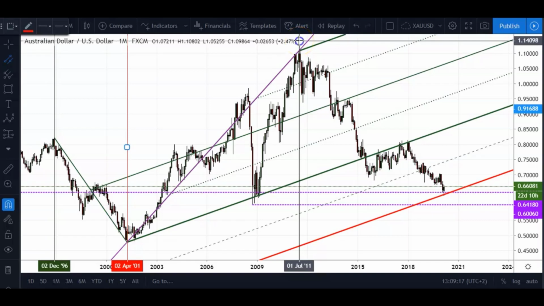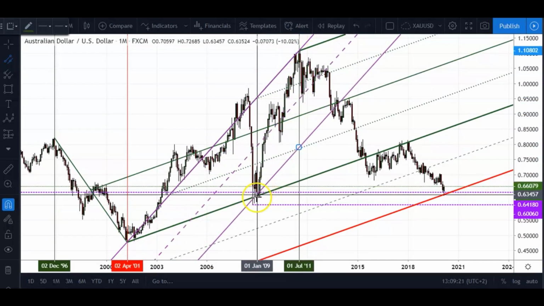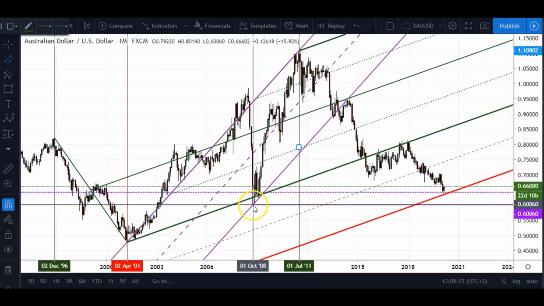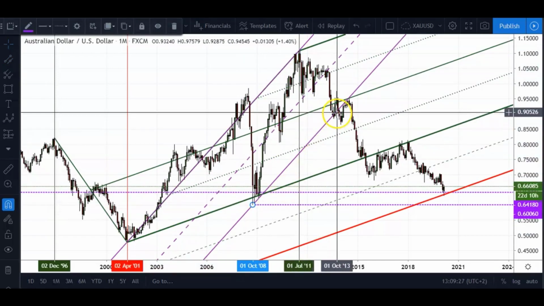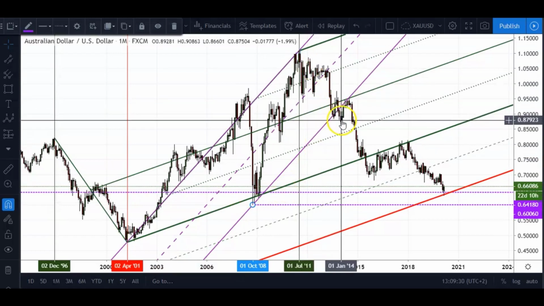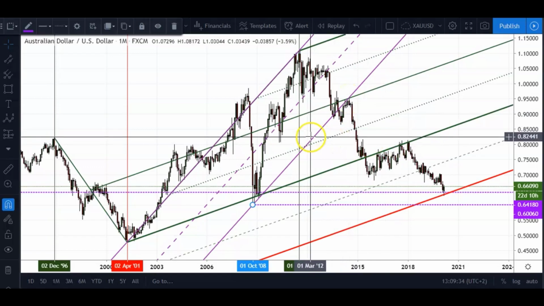If I were to draw it from the low in April to the high in July 2011 and extend it back to this low, although it undershot this lower median line, you'll see that price broke below this action-reaction line, also gave a kiss goodbye, and fell lower.